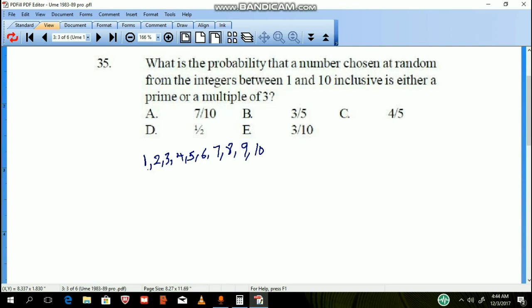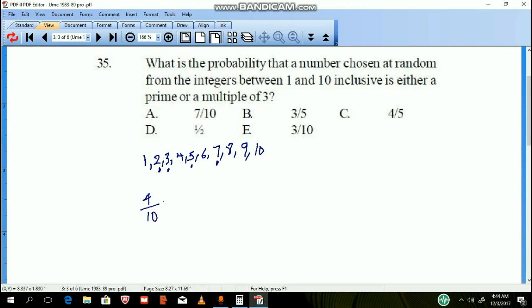So for prime numbers, we have 2, 3, 5, 7. These are the prime numbers. So there are 4 prime numbers. That will be 4 over 10.